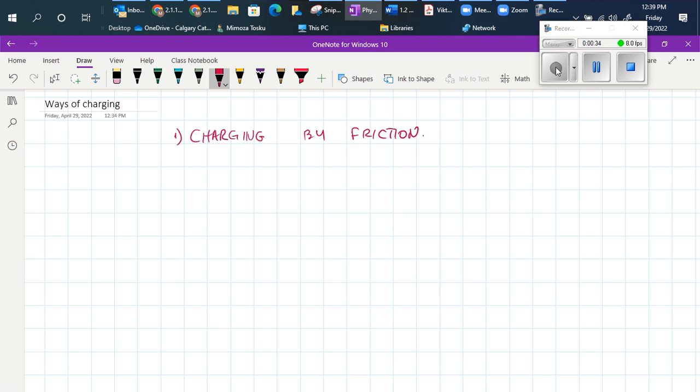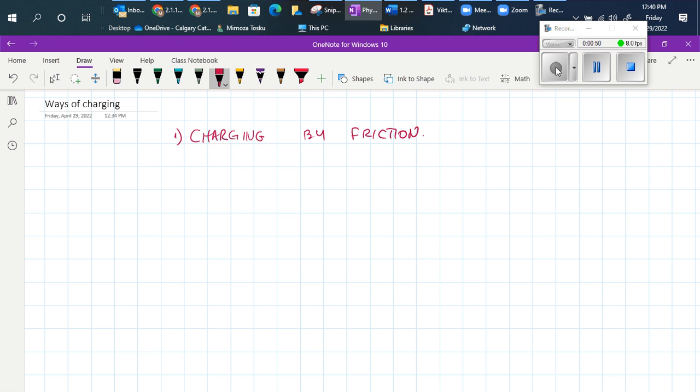Usually one is a fur or something like that, or a balloon into your hair, and the other one is usually a conducting material or something else.